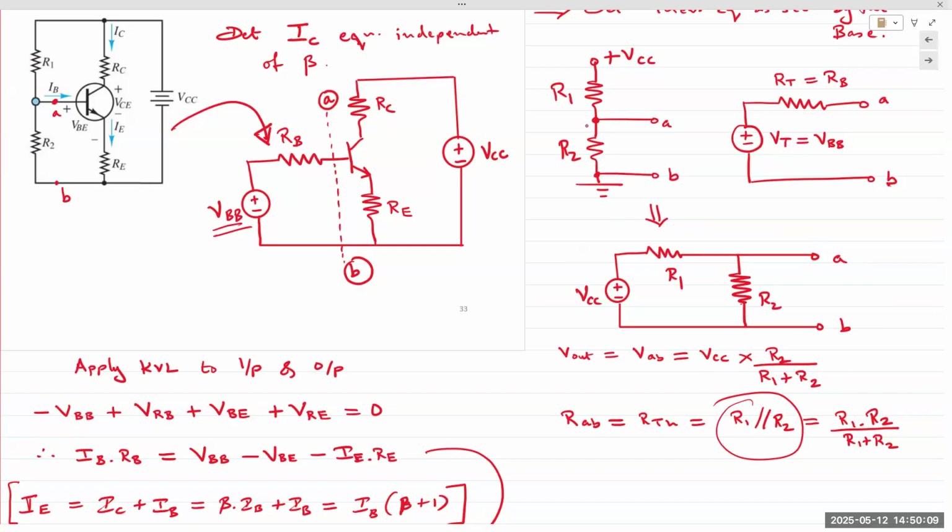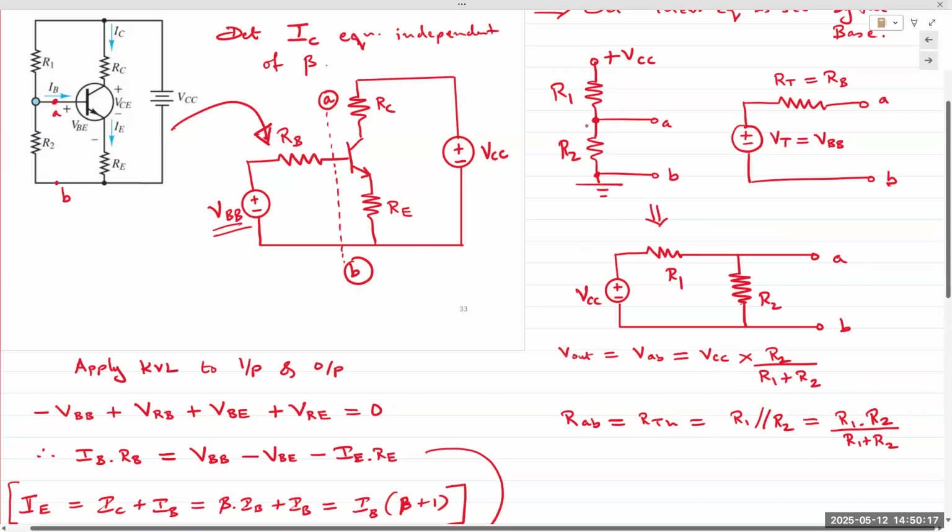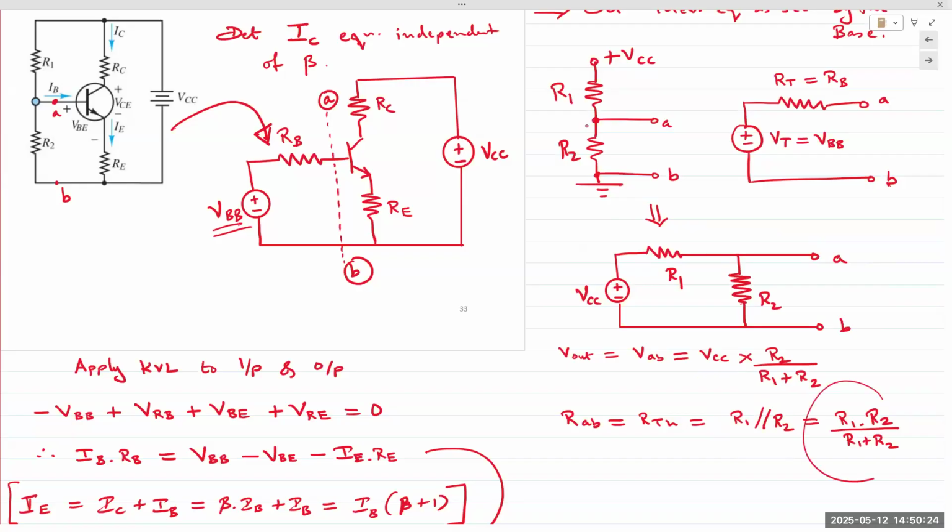Voltage source behaves like a short circuit. And so we're trying to find REQ. Voltage is replaced with a short. And that renders R1 in parallel with R2. And that gives me R1 R2 divided by R1 plus R2, which is here. Okay. So once we have that, we plug those values here, and we can calculate what IB, IC are.